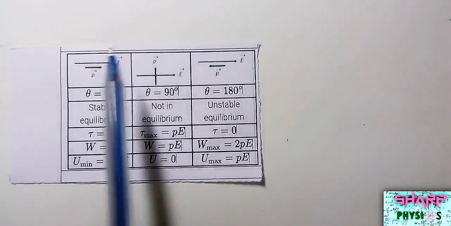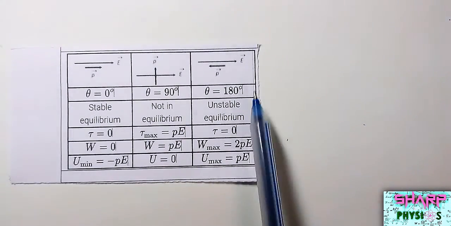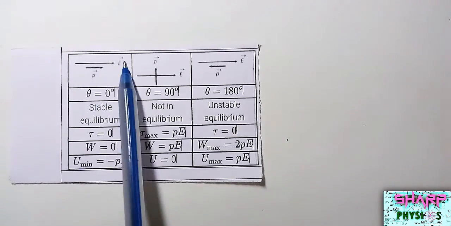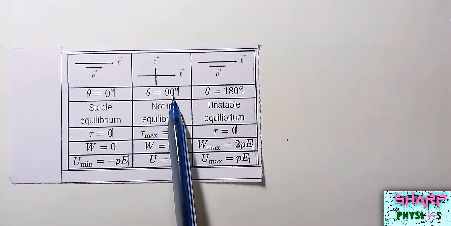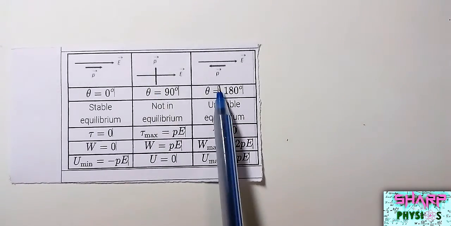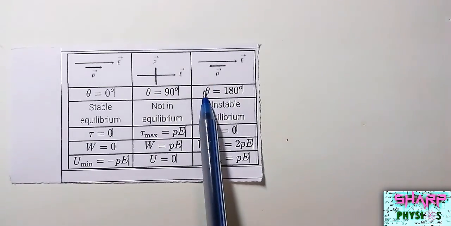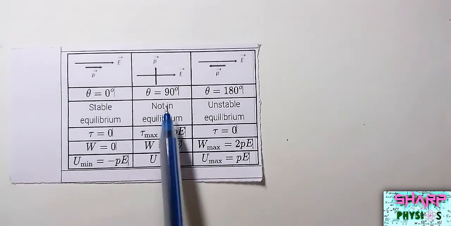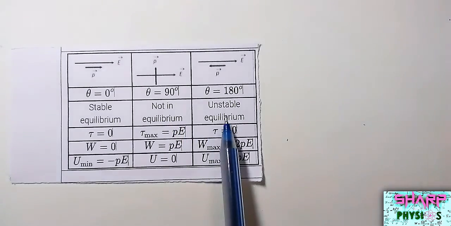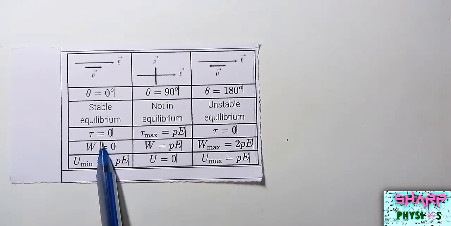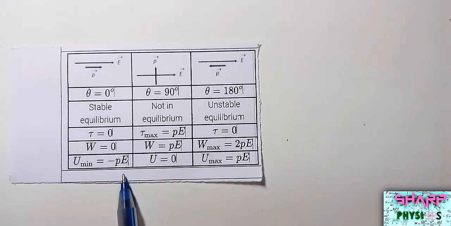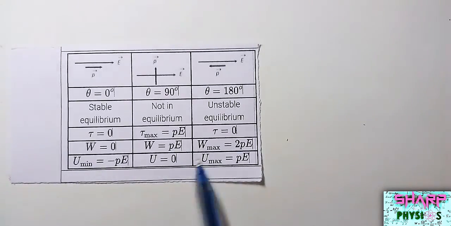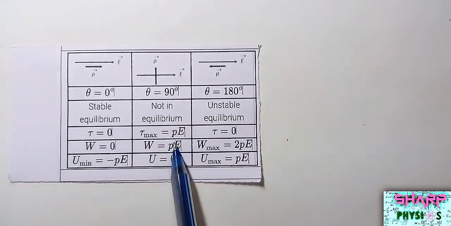You can keep in memory this small tabular column, where theta equal to 0 is the equilibrium, theta equal to 90 degrees is when the dipole is perpendicular, and 180 degrees is when the dipole is in the opposite direction. It is stable at 0 degrees, and at 90 degrees it is not in equilibrium. What torque you get, what work is done, and the potential energy can all be seen in this single tabular column.